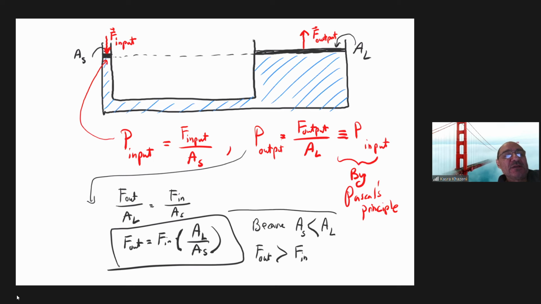This is how you can actually use liquids to do really heavy duty work for you, by pushing down on the small end a little bit and getting a large force on the other end.